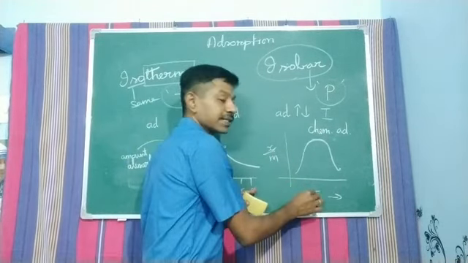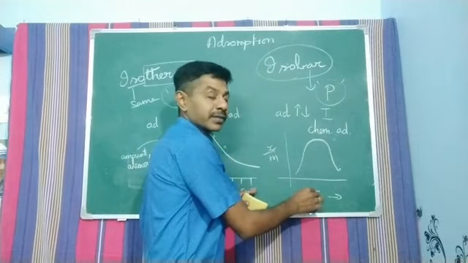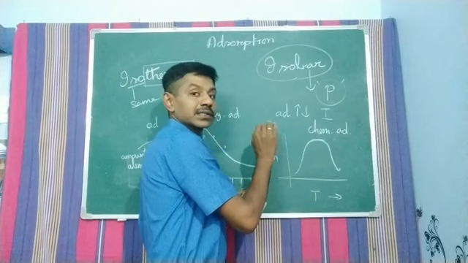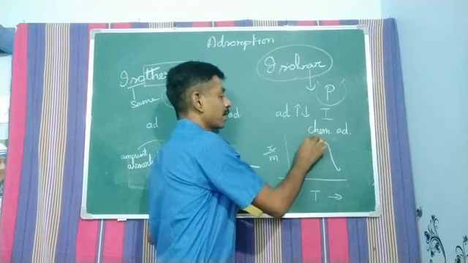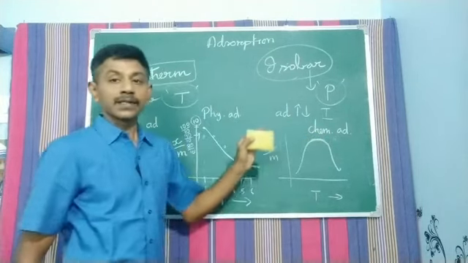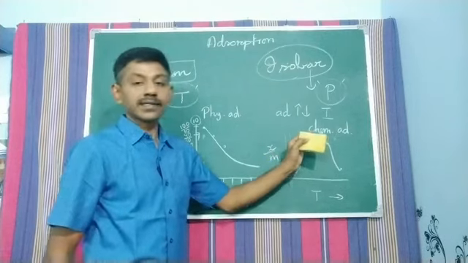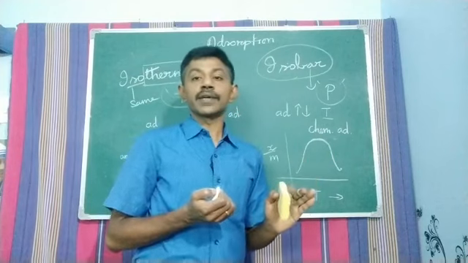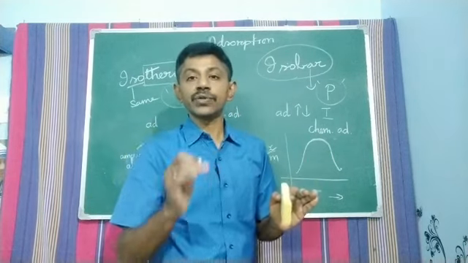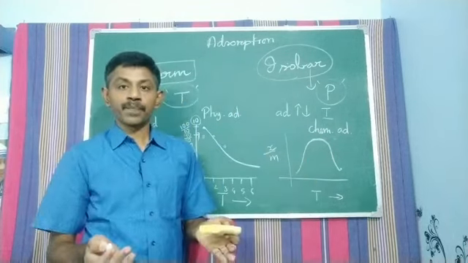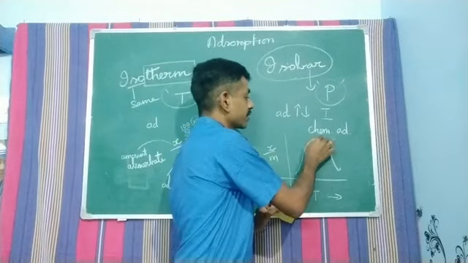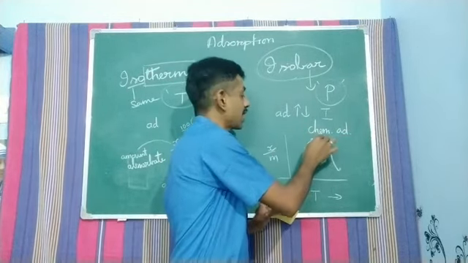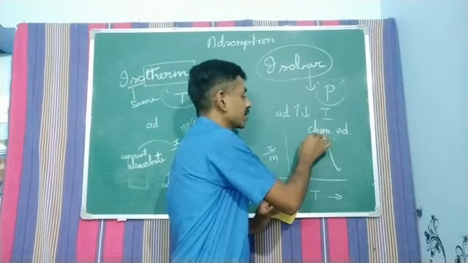Whenever you are increasing the temperature, the amount of gas molecules attached to the solid material increases, because it requires a certain amount of energy for the activation of the surface. So after the activation of the surface is done, the x by m value will reach the maximum level.